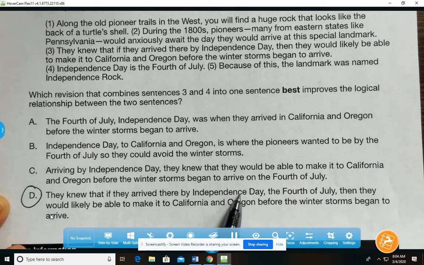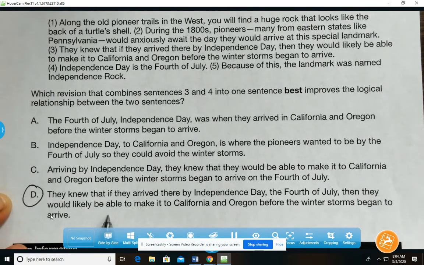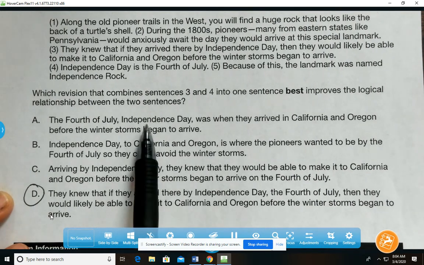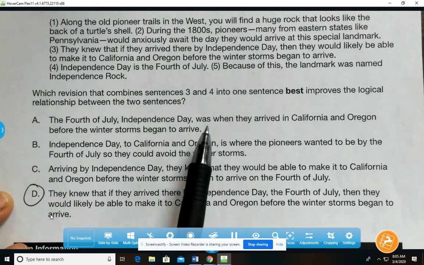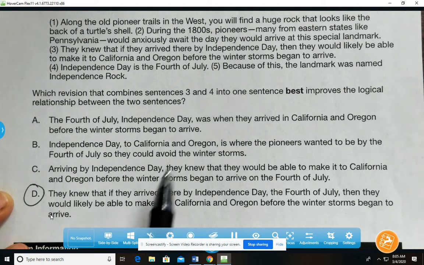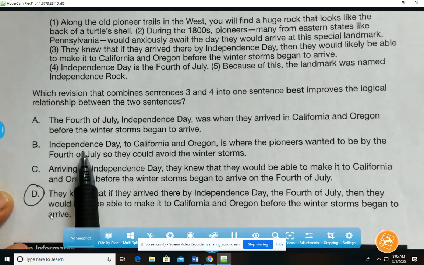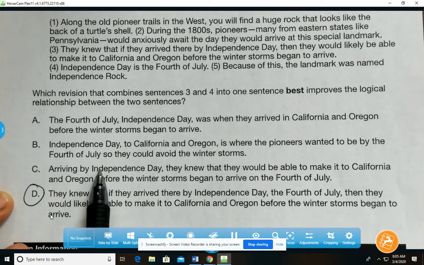And their goal of when they wanted to be there should come later, which is why the most logical order of combining and transitioning subtly these ideas is D. Keep in mind that all of them are worded with 0 mistakes in sentence construction. There's no run-ons present. There's no fragments present. It's simply that the way the ideas are presented is in the proper order in sentence D, as opposed to the confusion present by the way they join the sentences together in options A, B, and C.